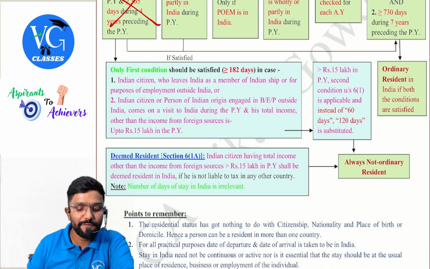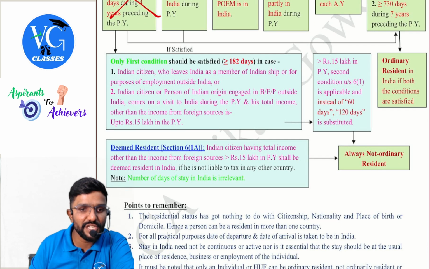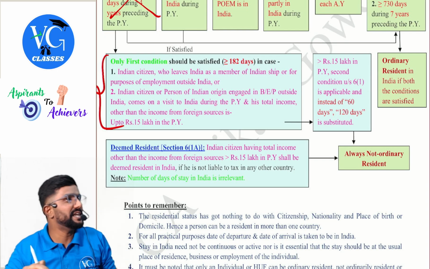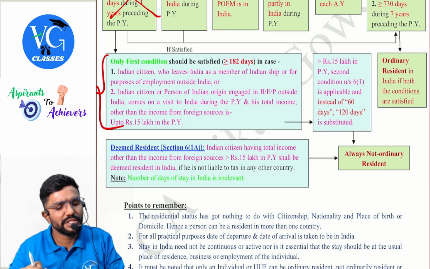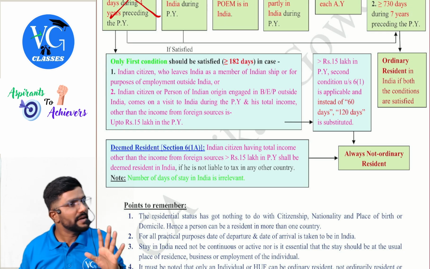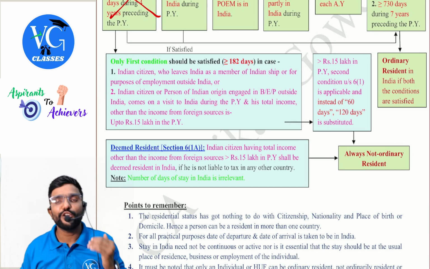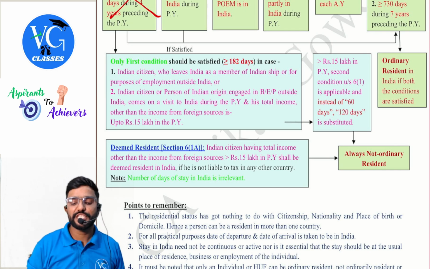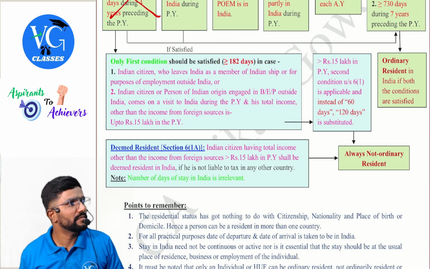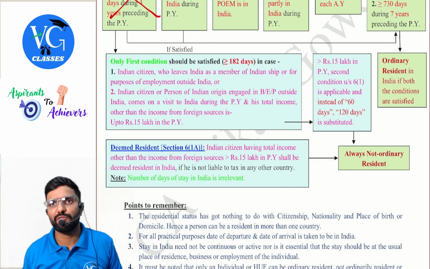That means if the person is covered in these two special cases, guys, only if he satisfies the first condition will he become resident in India. If not, straight away non-resident. So in the following two cases, only the first condition is applicable, which is 182 days or more. The second condition is not applicable for them.